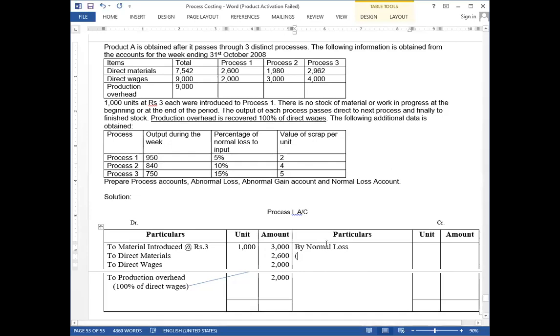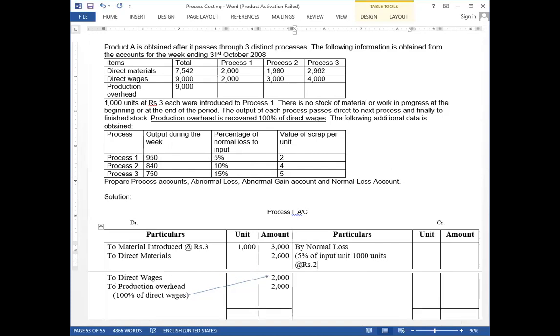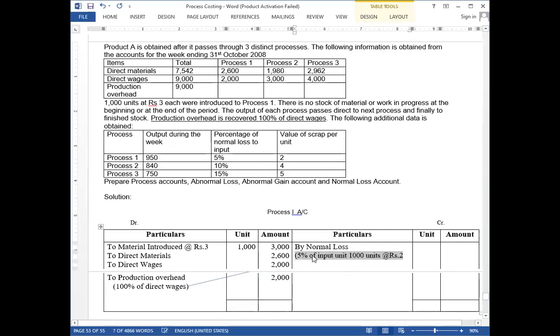The percentage for process one is 5% of input units. So 1,000 units into 5% is 50 units at the rate of 2 rupees.